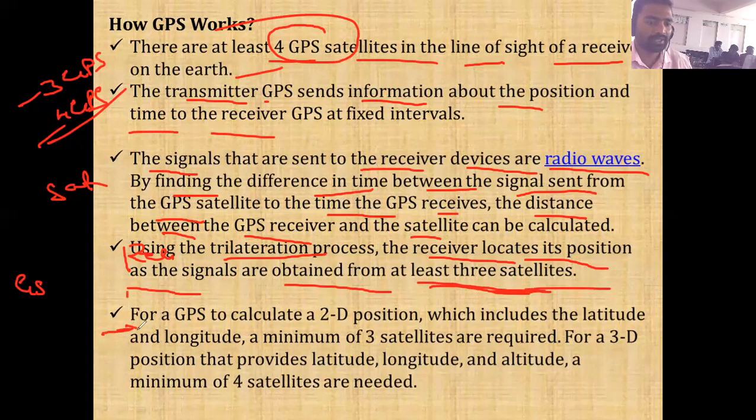For a GPS to locate a 2D position, which includes latitude and longitude, a minimum of 3 satellites are required.